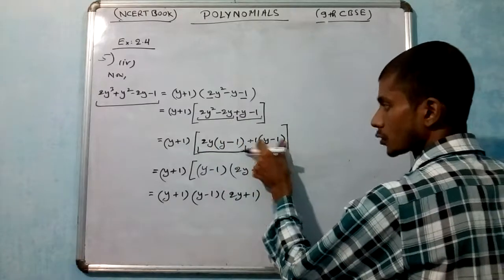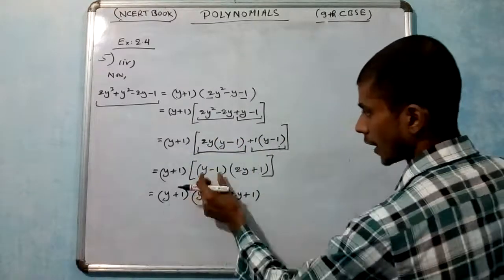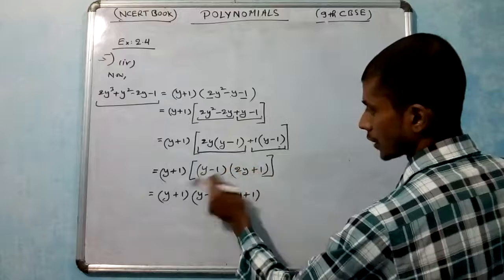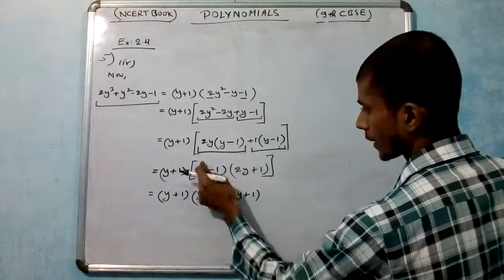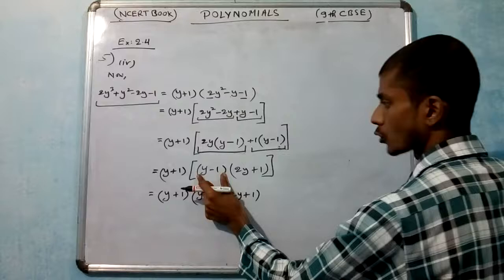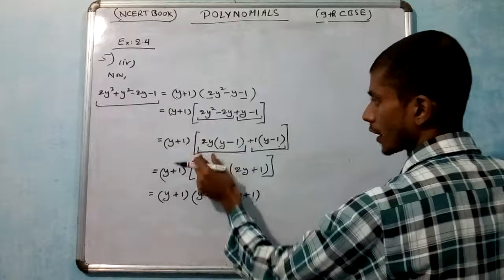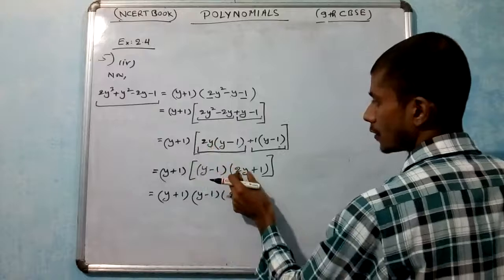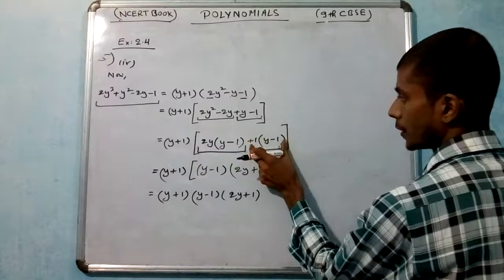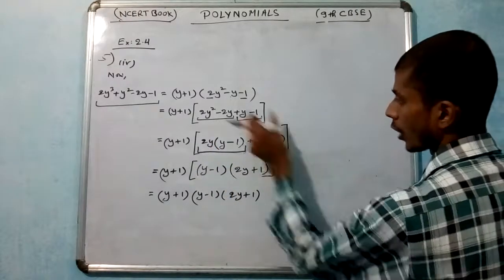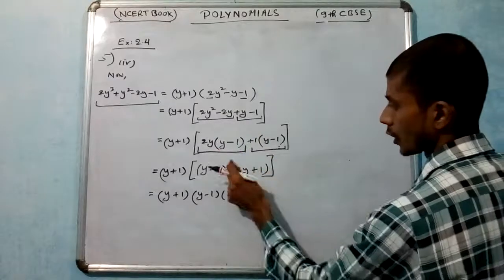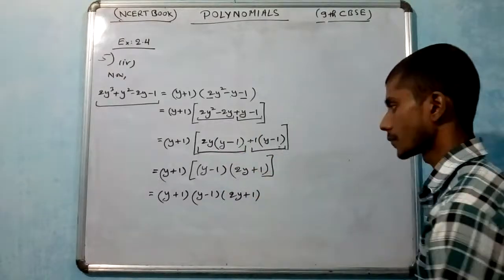So I took y minus 1 outside and put the rest in the bracket. If I remove y minus 1 outside, what is left? 2y, and from the other part, plus 1. So I put in the bracket 2y plus 1.